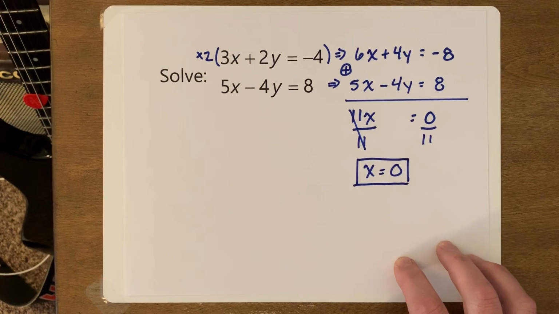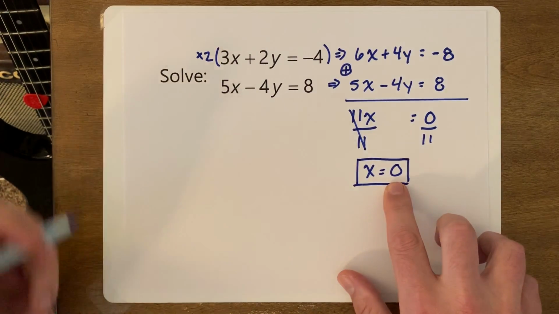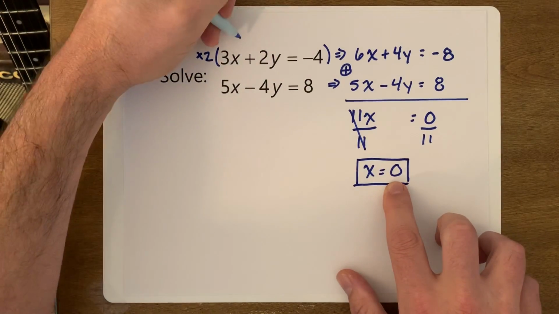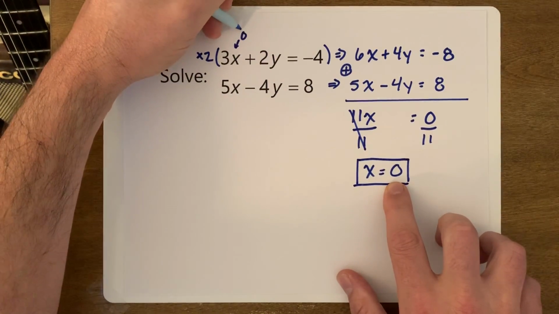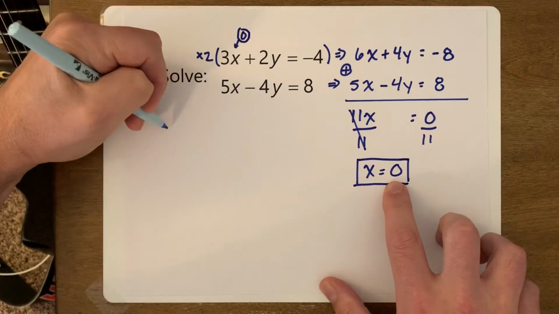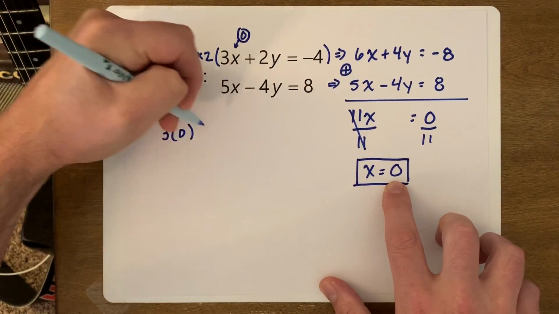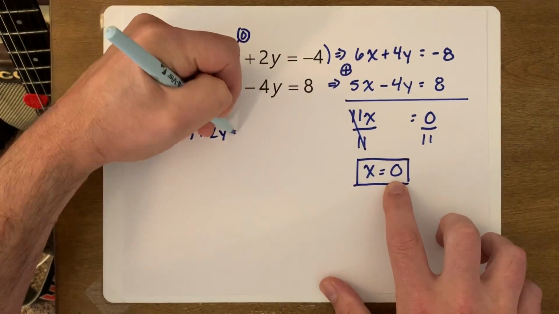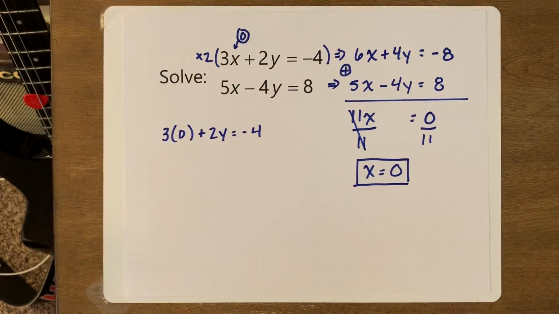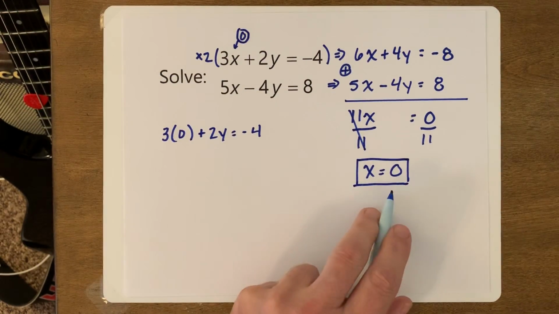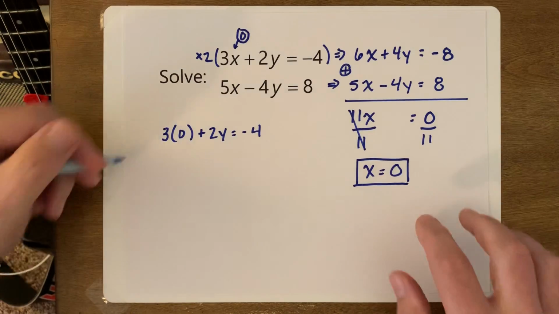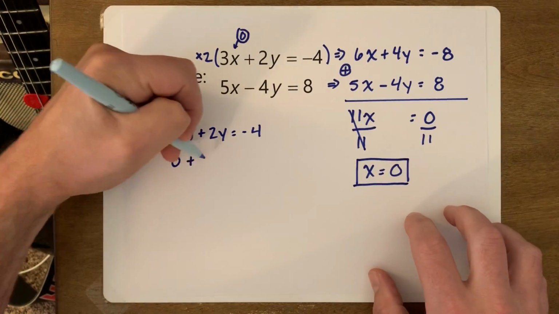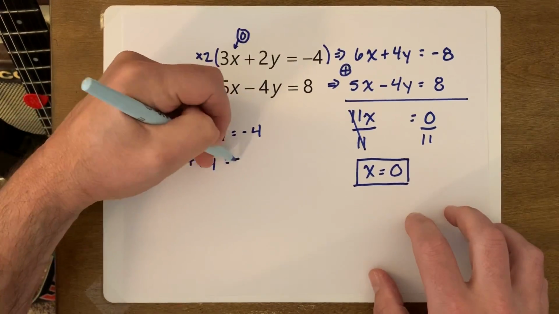All right. To get my corresponding y value, I'm going to plug that 0 back in, and let's plug it in up here, right there in the top one. So we have 3 times 0 plus 2y equals negative 4. Because that's the only way to get the y value. You got to plug the x value back in once you know what it is. So I got 0 plus 2y equals negative 4.